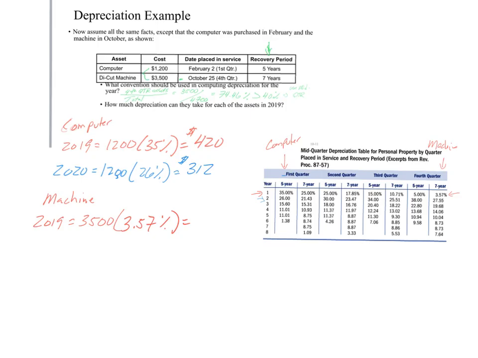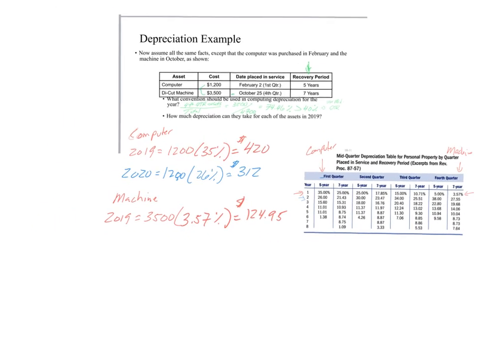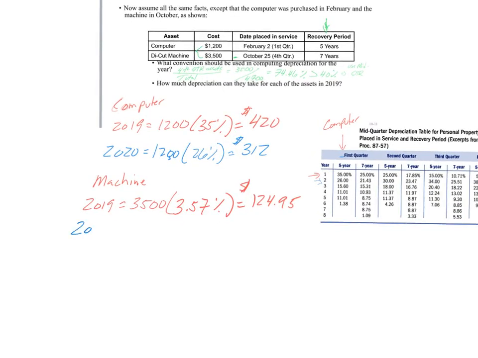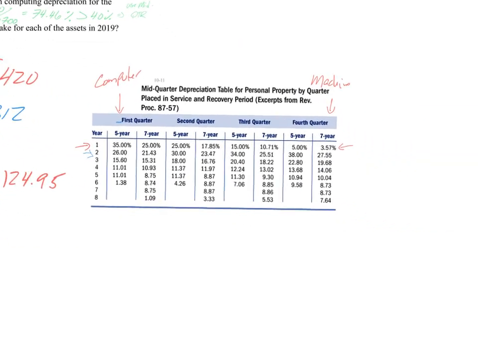And so for the machine, for year one, we get $124.95. And so now we can do year two for our machine. And so year two is 2020. Still the same initial cost. Now we got to find our percent for year two.